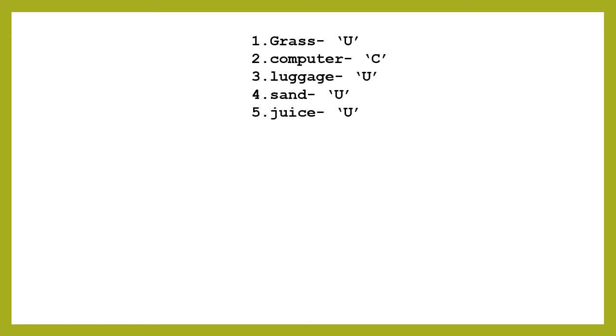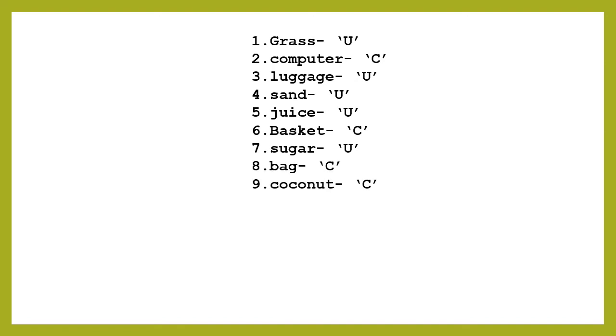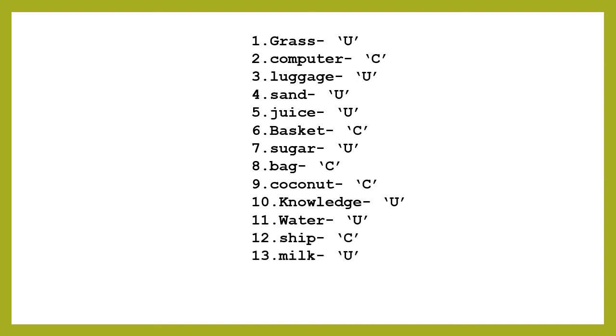Juice, U before it. Basket C, sugar U, bag C, coconut C, knowledge U, water U, ship C, milk U, idea U, and color C.